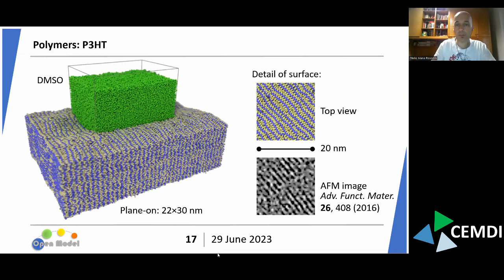And to conclude the section on science, the last example is a large surface of P3HT, which is a conductive polymer. The unit cell in this rendering was 22 by 30 nanometers, so quite a large one. In this example, we were studying the interface with the MSO.